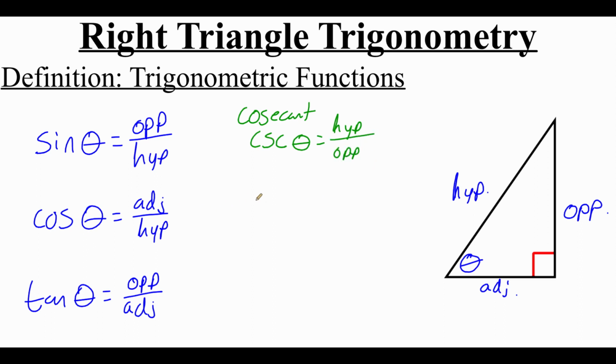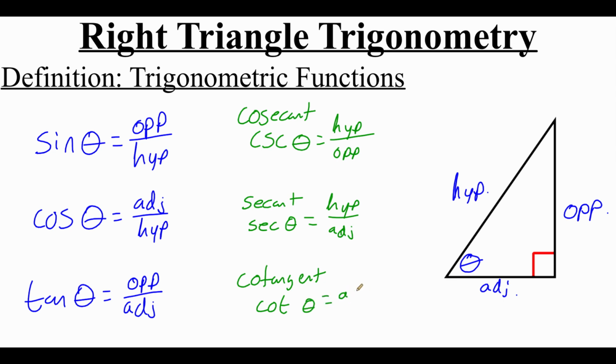The reciprocal of a cosine is a secant, which we abbreviate SEC. So the secant of theta would be the hypotenuse over the adjacent. And the reciprocal of the tangent is the cotangent, abbreviated COT. So the cotangent of theta would be the adjacent side over the opposite.